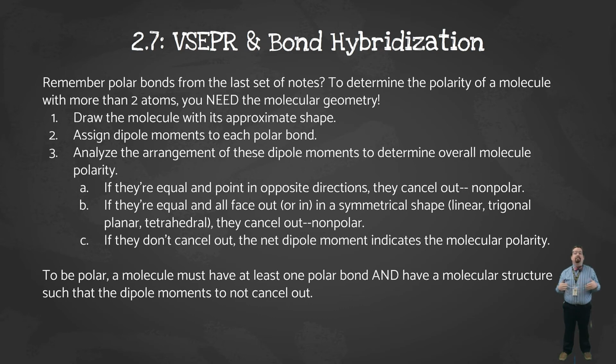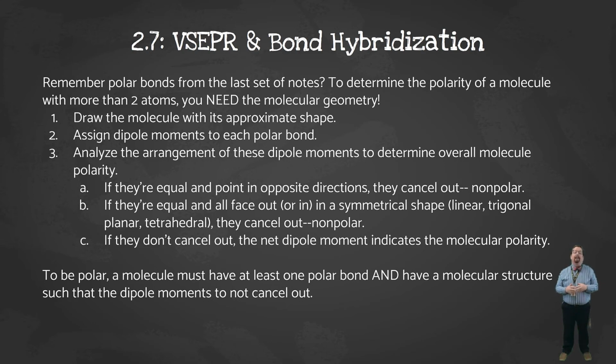Sometimes they'll cancel out maybe horizontally, but they could both be pointing up a little bit. This would give an overall dipole for the molecule that points up. If you don't have an overall dipole because all of your dipole moments cancel out, your molecule is nonpolar. If you do have an overall dipole because some dipole moments didn't cancel out, your molecule is considered polar.